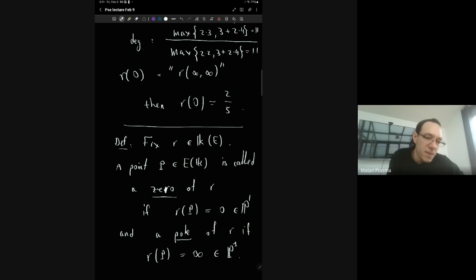But apart from this, typically you don't consider a quotient. Zeros are defined for any function. Poles only arise when you have quotients, and you don't usually use poles in ordinary calculus.